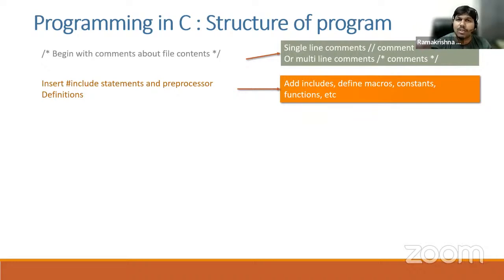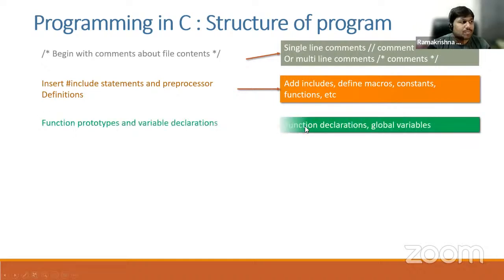We are using stdio.h declarations or definitions inside our program. Not only hash include, after this we can have macros, hash define some macro, and function declarations, all those things.